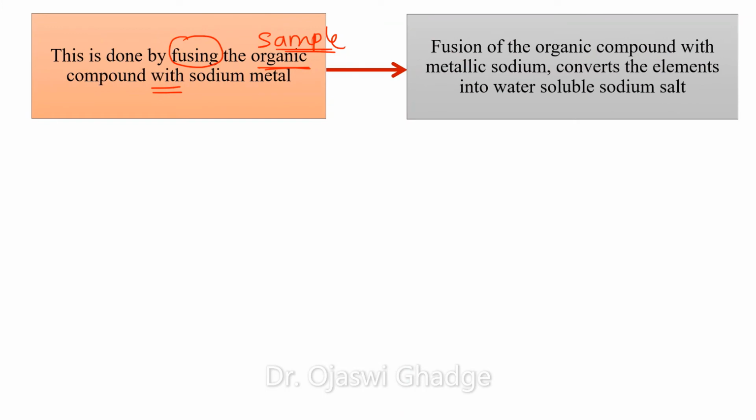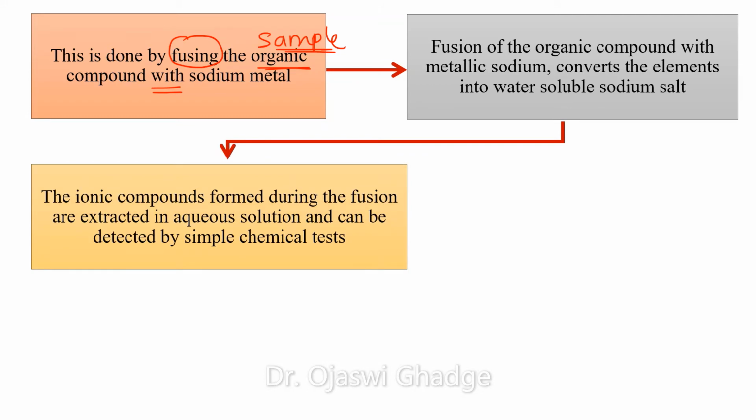Fusion of the organic compound with metallic sodium converts the elements into water soluble sodium salts. The ionic compounds formed during the fusion are extracted in aqueous solution and can be detected by simple chemical tests. Are you getting my point? So this sample means the whole structure which I have to determine.